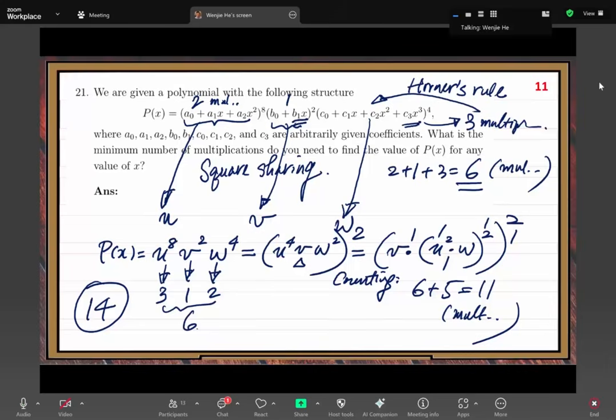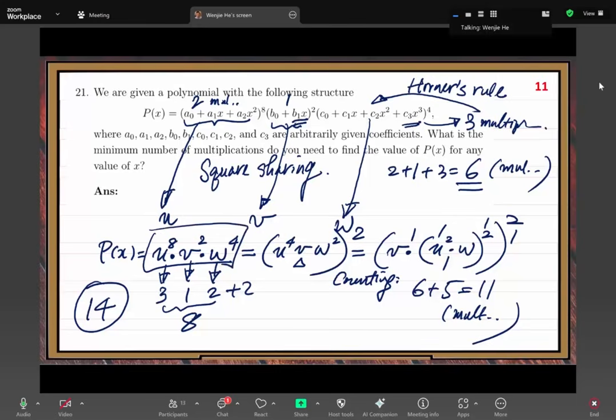Then in this way, it should be 12, right? Oh, because you need 2 more, sorry. There is a dot, because you need a multiplication. Plus 2 more, so here you have 8. 8 plus 6, that's 14. The reason you use more is because you didn't do any square sharing.